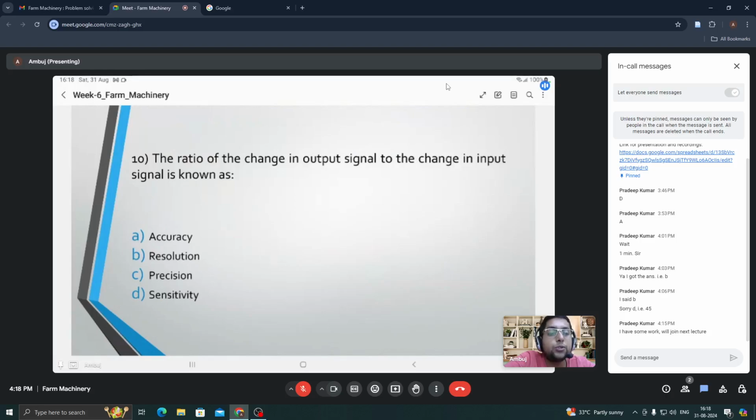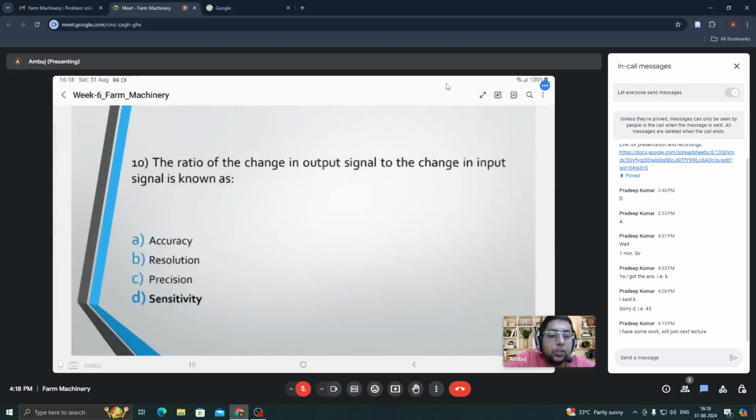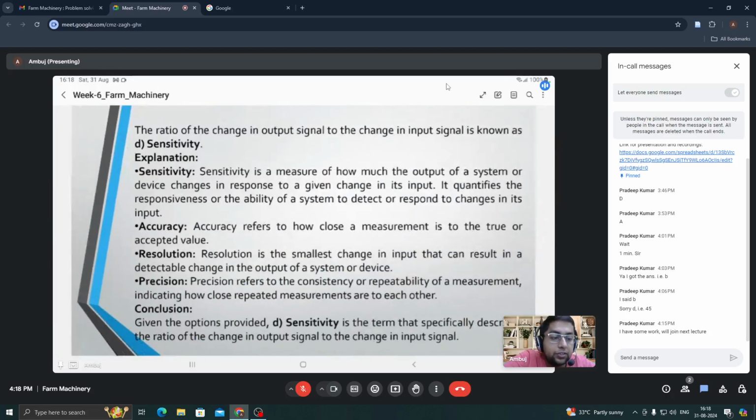The ratio of change in output signal to the change in input signal is known as accuracy, resolution, precision, or sensitivity. The correct option would be sensitivity.